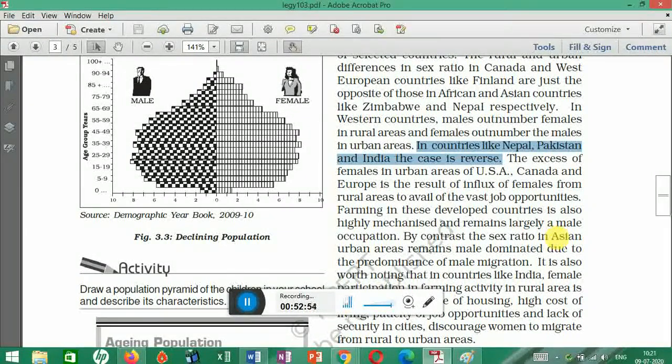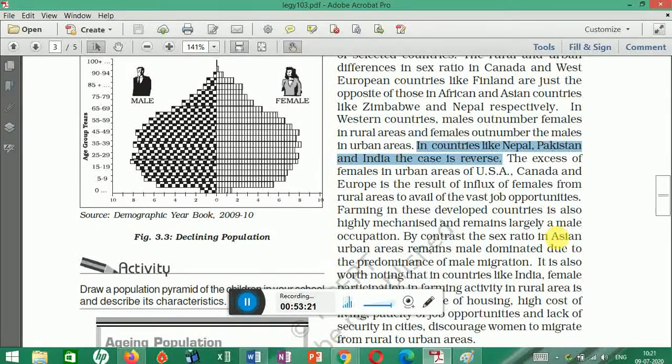As we learned earlier in India People and Economy, in the chapter Migration, in case of India, males generally migrate to the big cities for work and employment. And that is why more and more males are pouring into the big cities of India, and that is why we have a negative sex ratio.